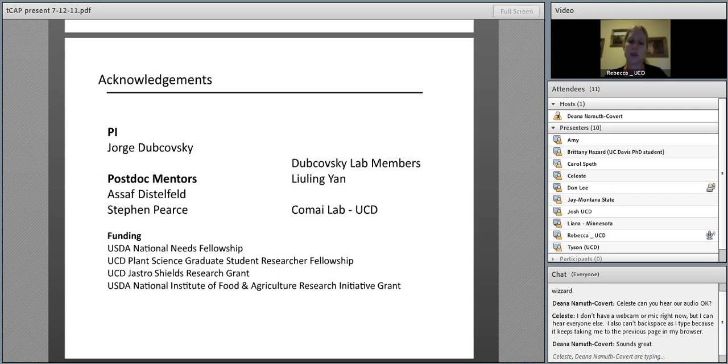But with this further characterization of the FT alleles, we may be able to provide a few extra tools that they can also combine, and knowing what backgrounds to incorporate those alleles into.